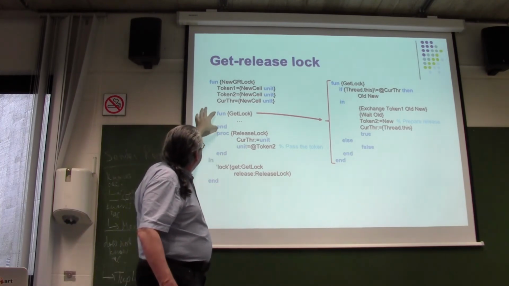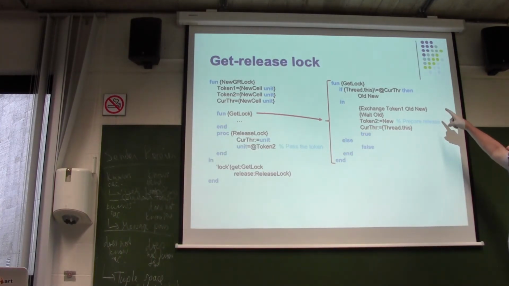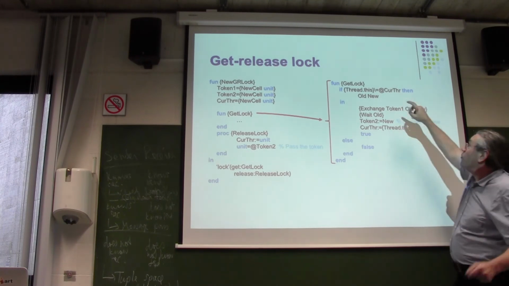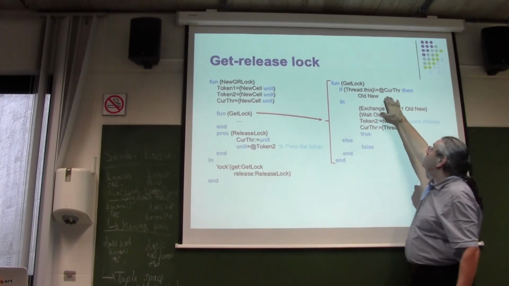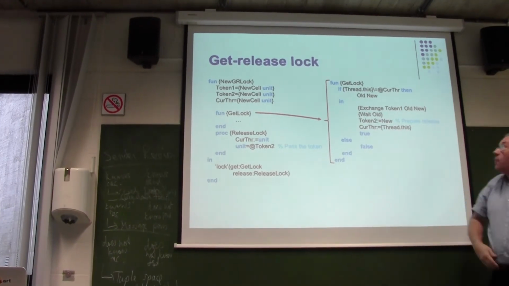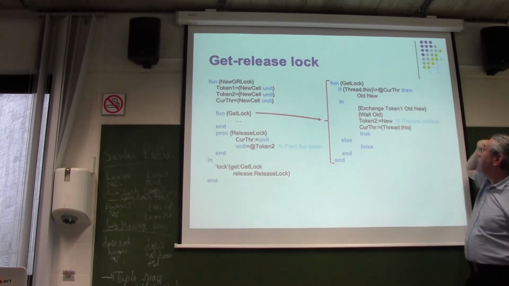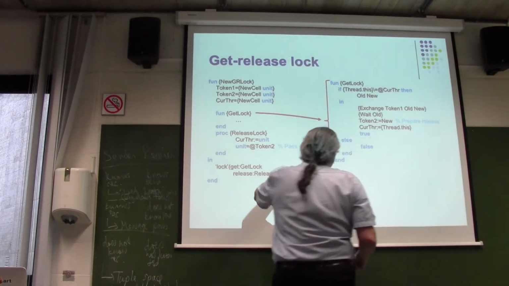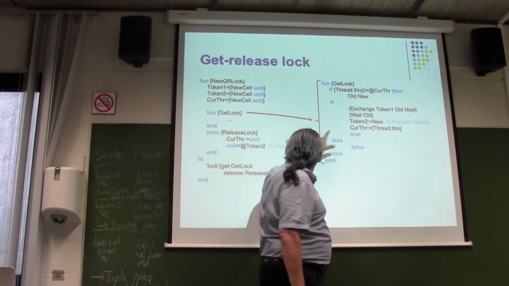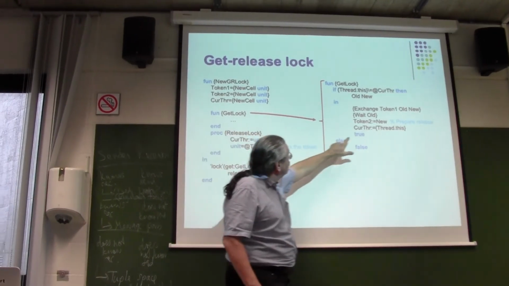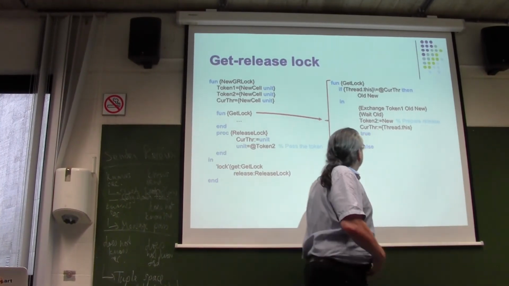Okay? Get is the hardest one. First of all, it's reentrant, so again we check the identity. If the identity is different, then we actually have to do something. Again, we do an exchange. We have token passing and wait. Now we have to be careful because the release is maybe done later on, and the release has to bind this new one to give the token to the next thread, okay?